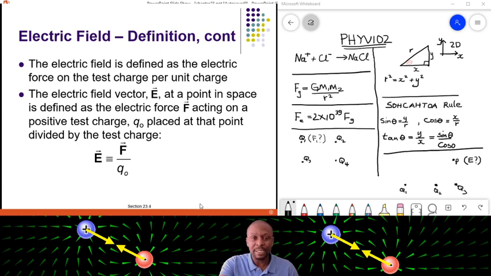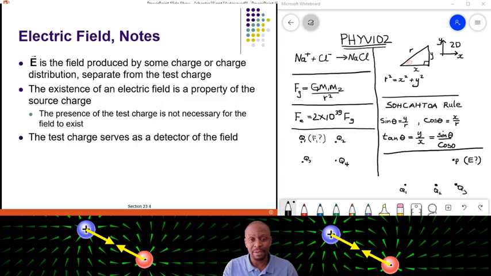That's the mathematical description of the electric field. You define the electric field in terms of the force and in terms of the test charge. The electric field vector at a point in space is defined as the electric force acting on a positive test charge q naught placed at that point divided by the test charge.